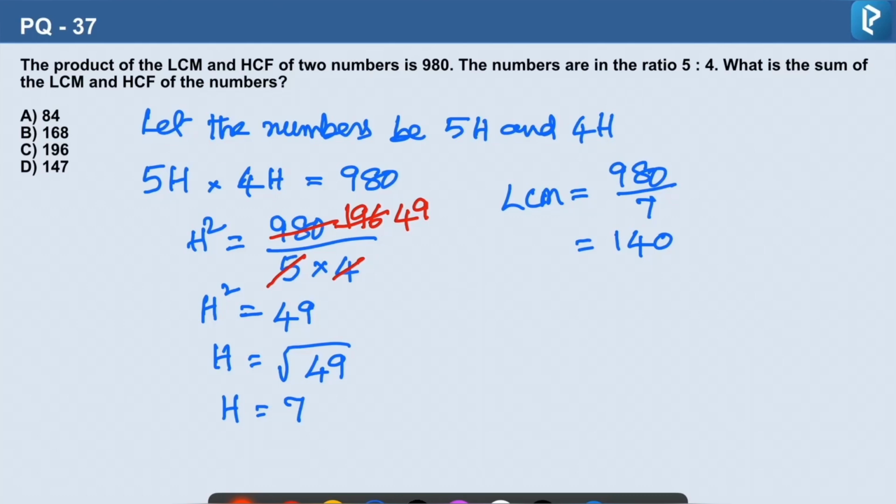So the sum of LCM and HCF: HCF plus LCM is equal to 7 plus 140, that is 147. This is the answer, 147. Option D is the correct answer.